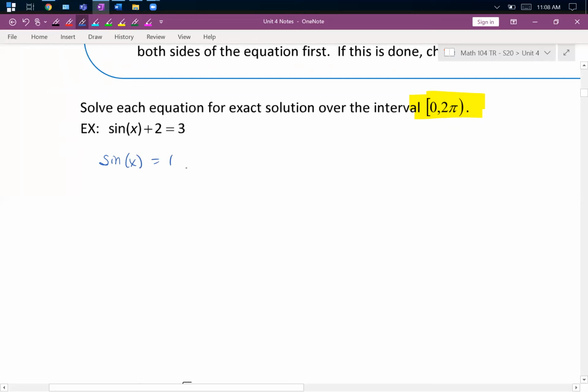We're trying to solve for x, which is inside the argument, so that's equivalent to the angle. Anytime we're trying to find the angle, this is where our inverse trig function comes into play. x is going to be equal to sine inverse of 1.